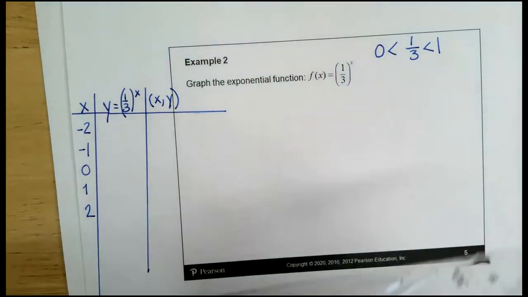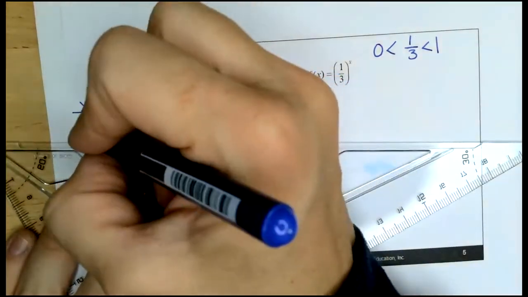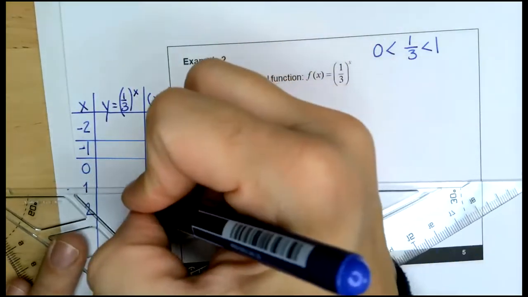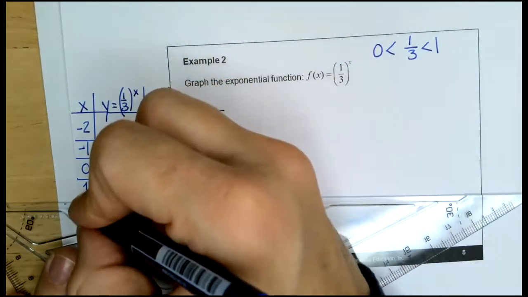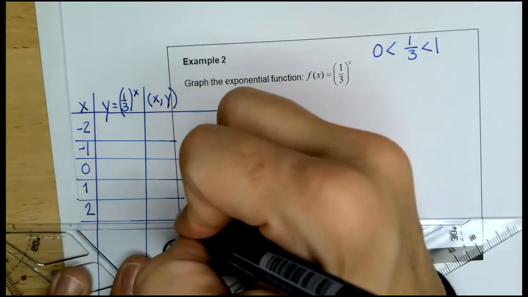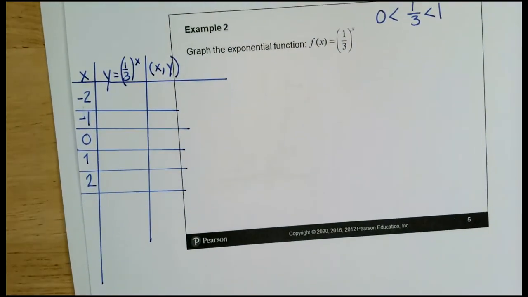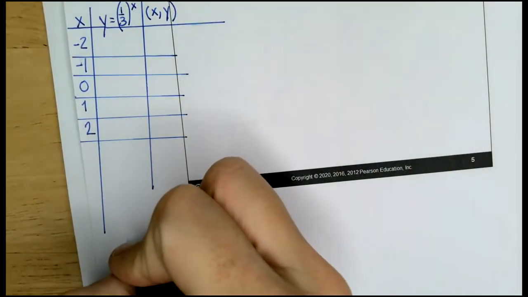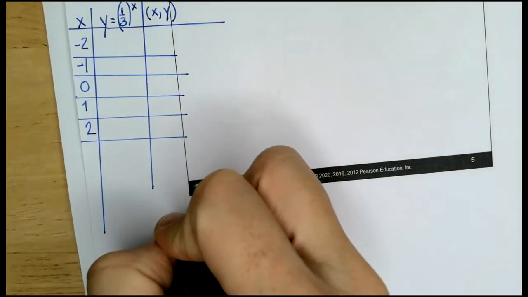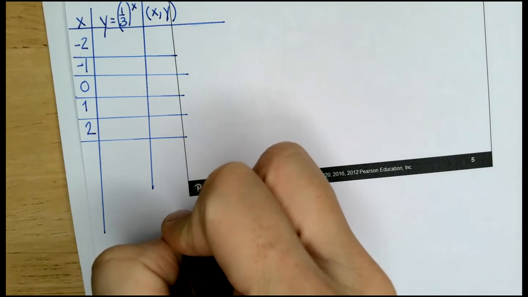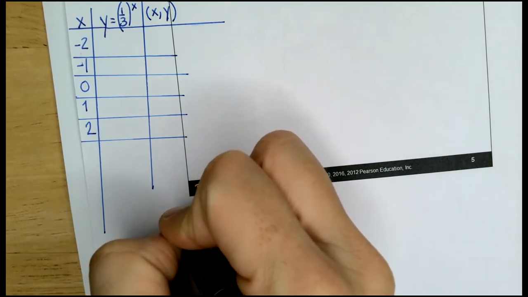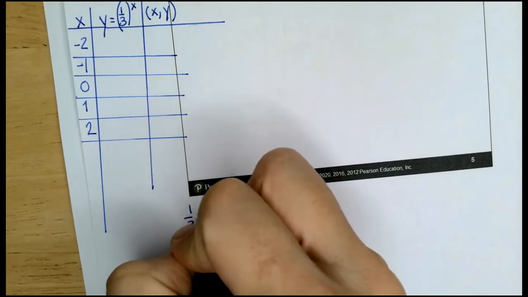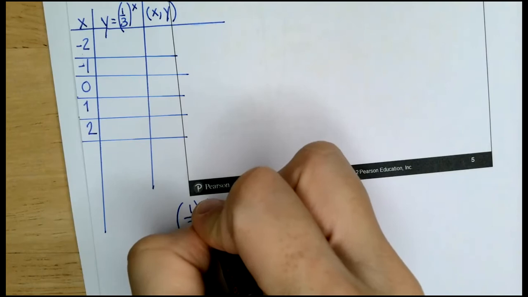Okay, so when x is equal to -2, what will y be? And y is (1/3) to the power of -2.